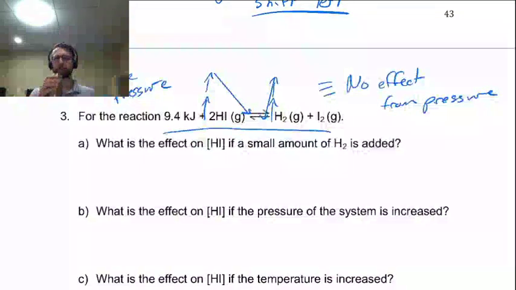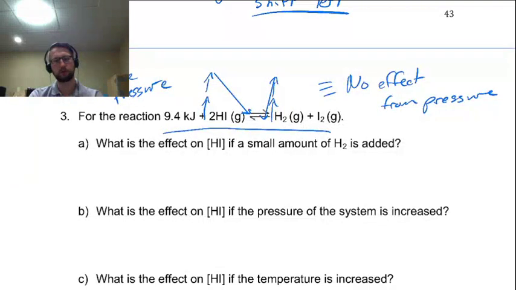I'm just going to let the video catch up. And so that's a nice little visual explanation for why pressure only has an effect when there is an unequal number of moles on the left and right side of the equation.